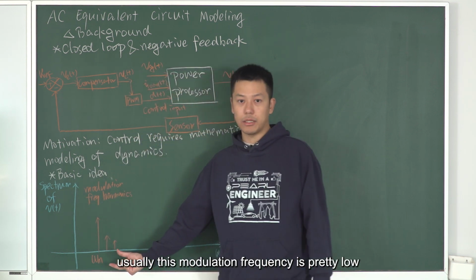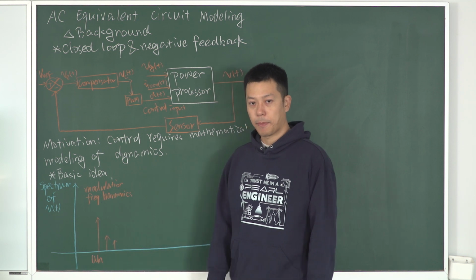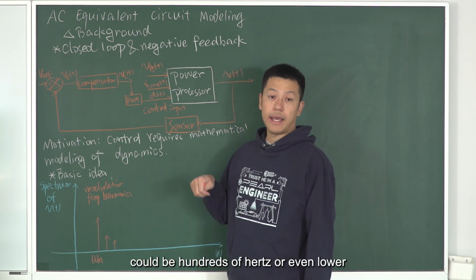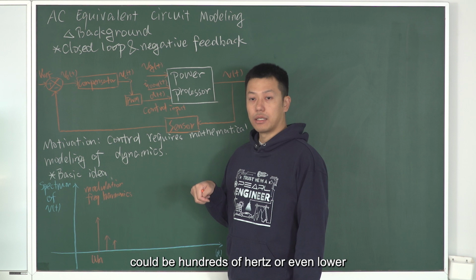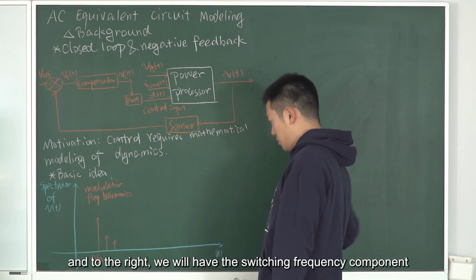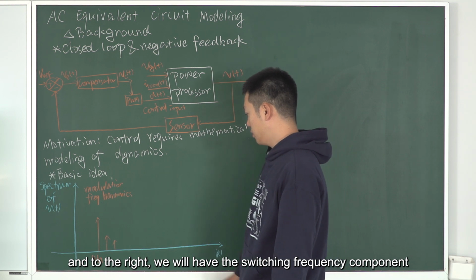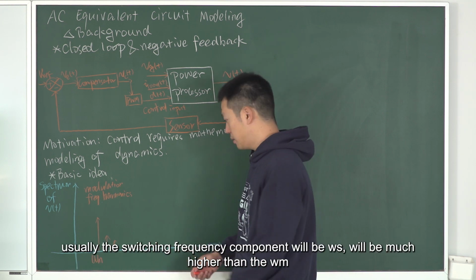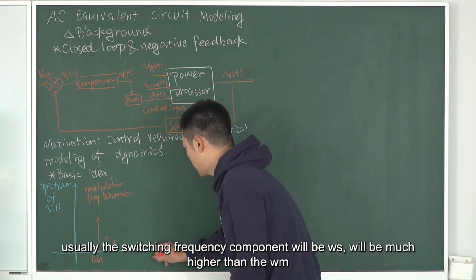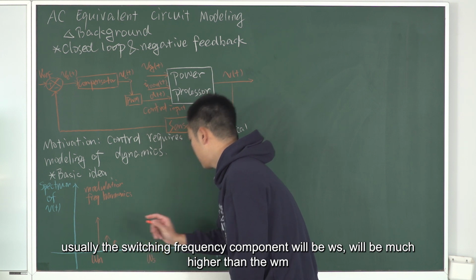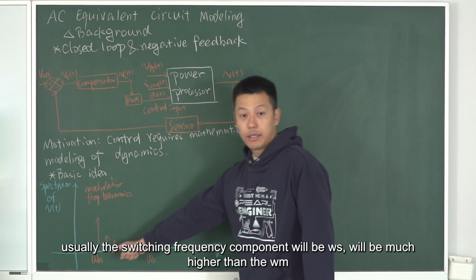Usually, this modulation frequency is pretty low, could be hundreds of hertz or even lower. And to the right, we will have the switching frequency component. Usually, the switching frequency omega s will be much higher than omega m.